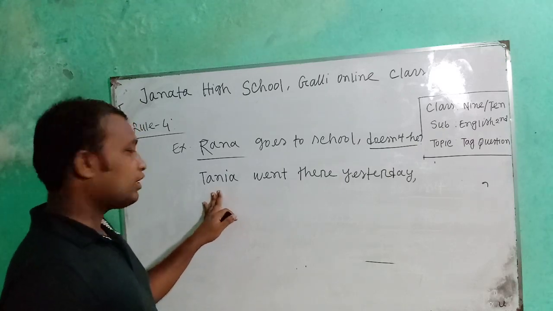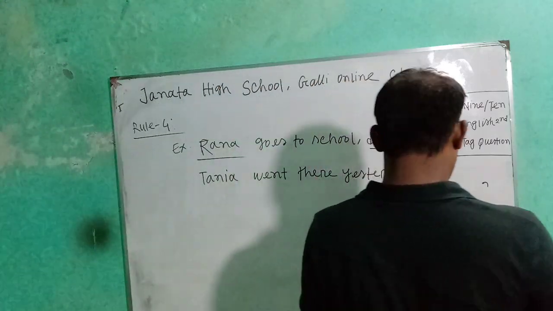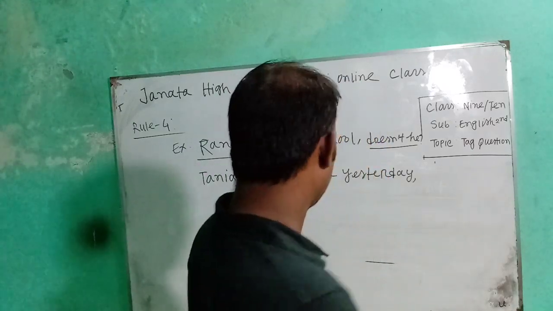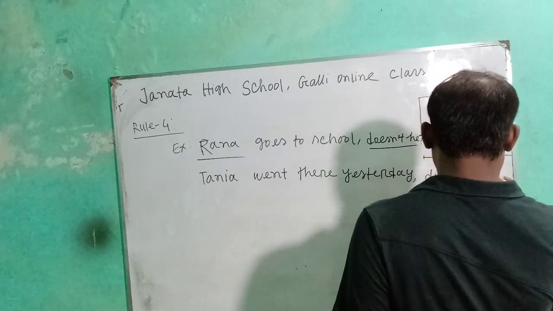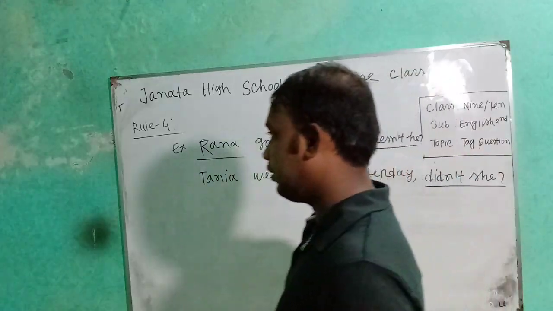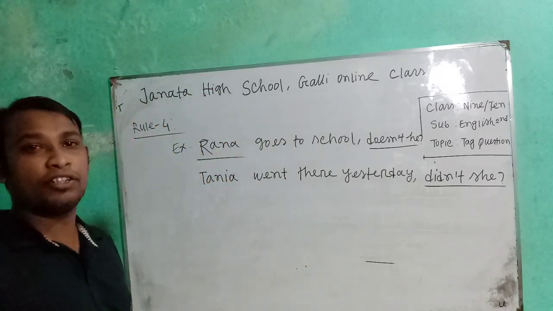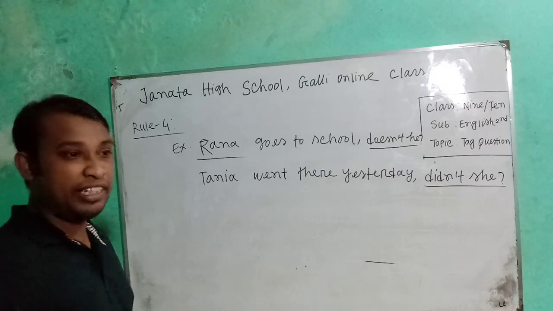We find Tanya as a woman, so we have to use she. Didn't she? If we find anything or animal in a sentence as a subject, we have to use it.